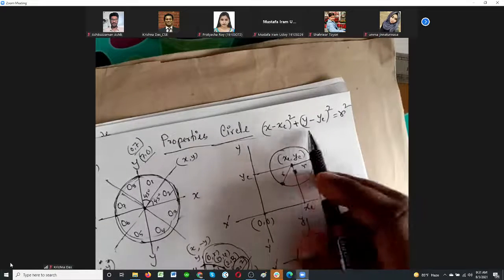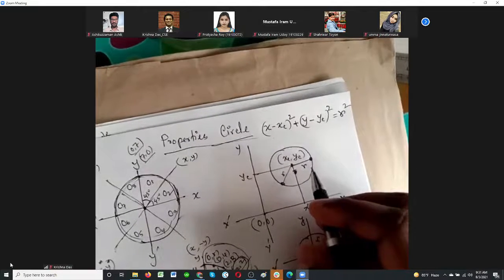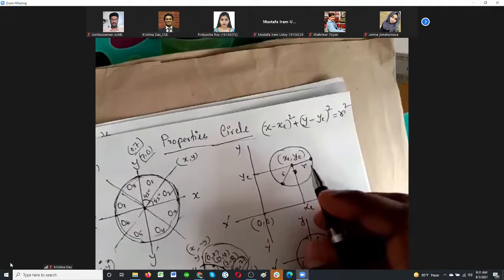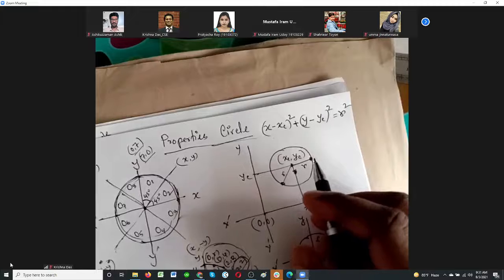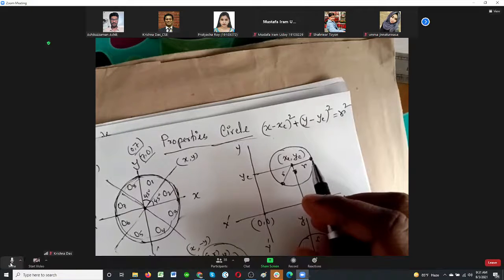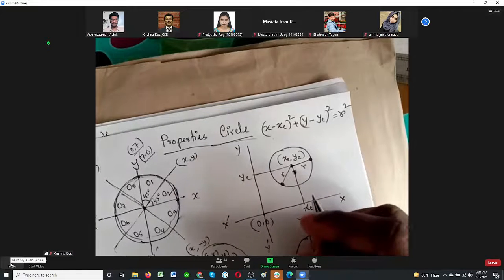What is x and y? So the x coordinate value and y coordinate value. X coordinate value and y coordinate value for what? Is it the length of radius?